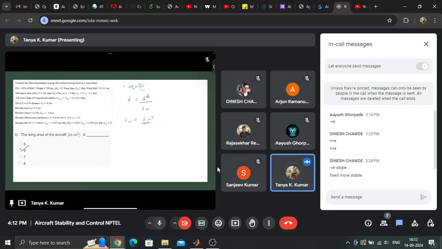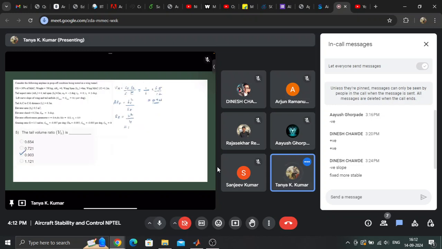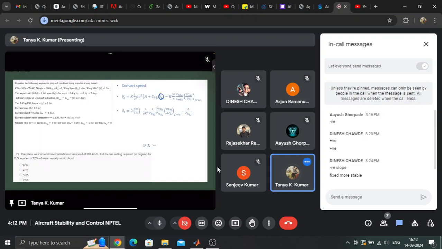X prime NP, we had found this, right? 0.37. So this is minus 0.37, so 0.07. Right? Then we need to find out A.